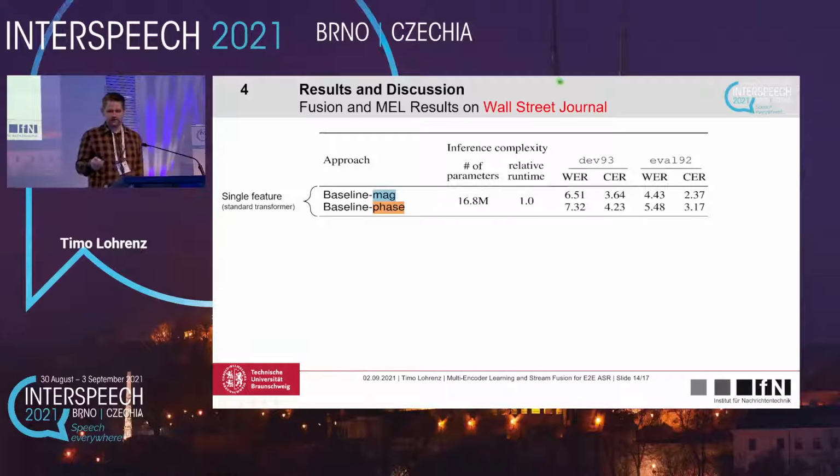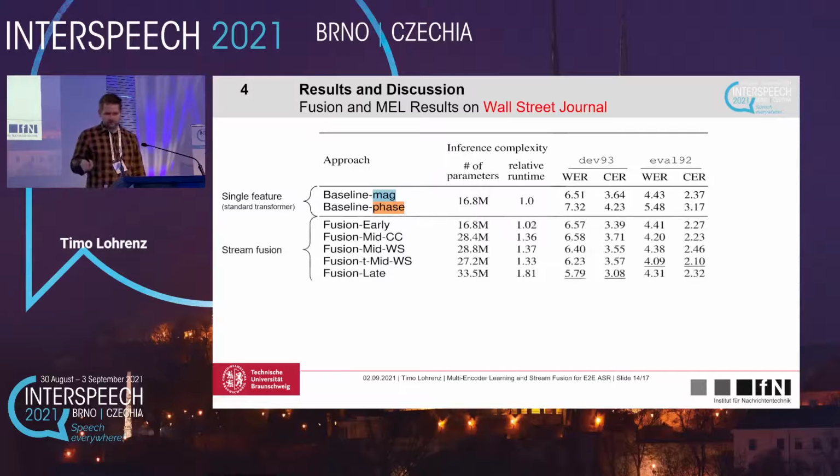The phase features also get kind of good results, although they are 1% worse in absolute terms. But we think there might still be information in there where we can take some profit from.